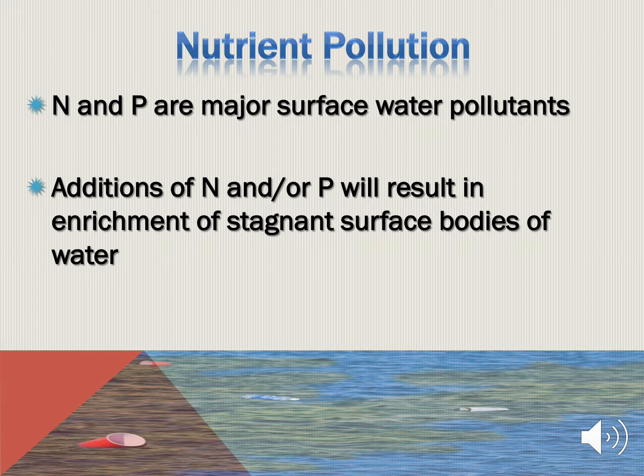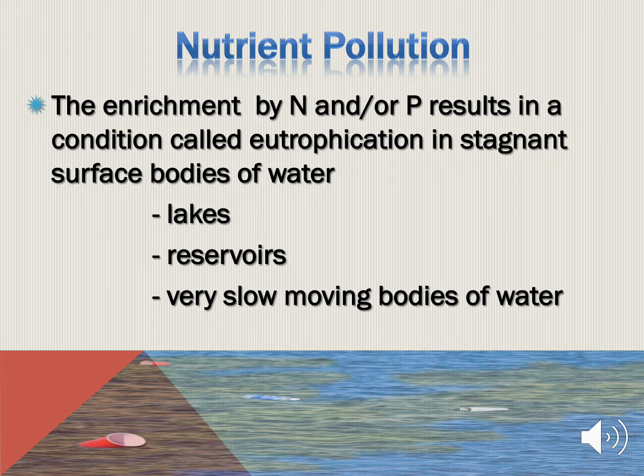Additions of nitrogen and/or phosphorus will result in enrichment of stagnant bodies of water, particularly surface waters, where this enrichment results in a condition that we call eutrophication. Again, this occurs primarily in stagnant bodies of surface water.